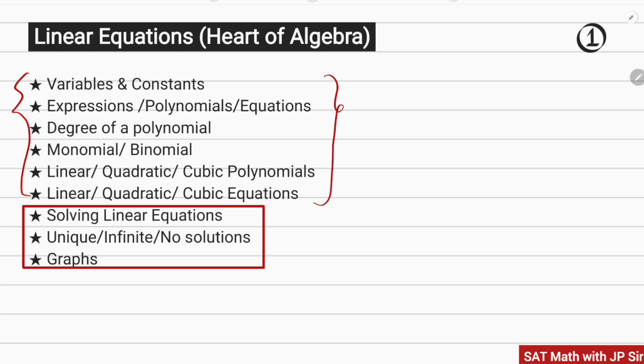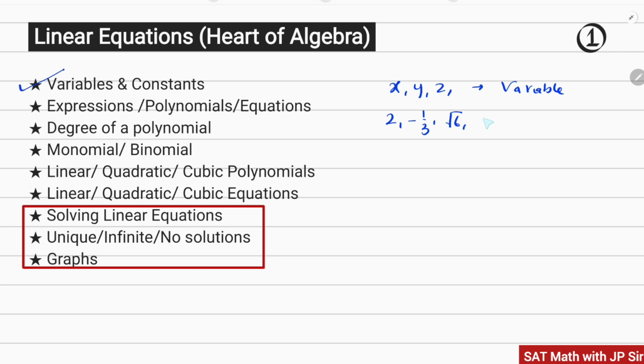Now let's start. Variables and constants. What are variables? What are constants? So, the characters whose values change are called variables, and those whose values do not change are constants. For example, 2, minus 1 upon 3, root 6. These are constants.